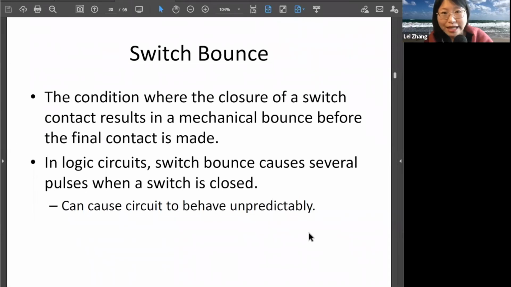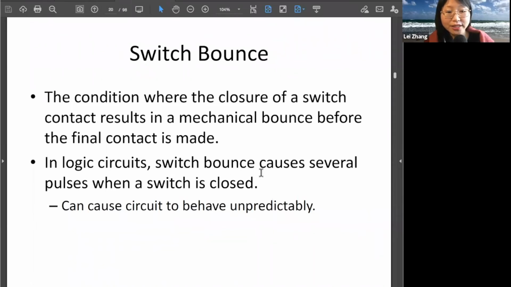If you connect your switch or push button to an oscilloscope and capture the status changes triggered by your push action, you will see there is a lot of up and down, and we will see an example later with the timing diagram.